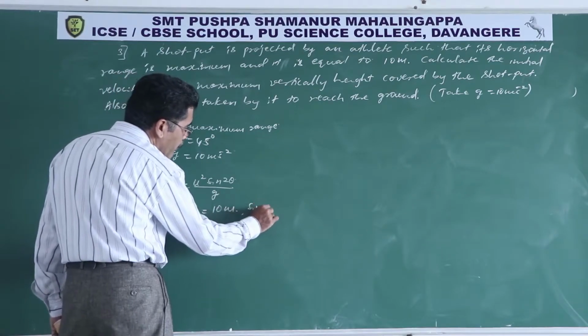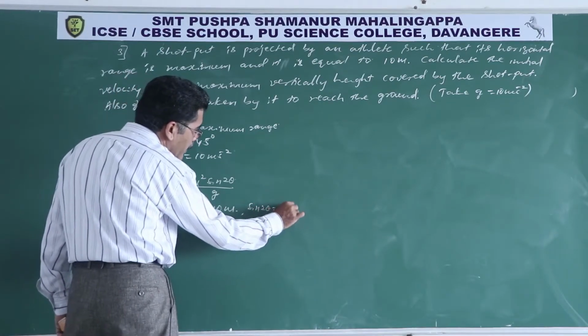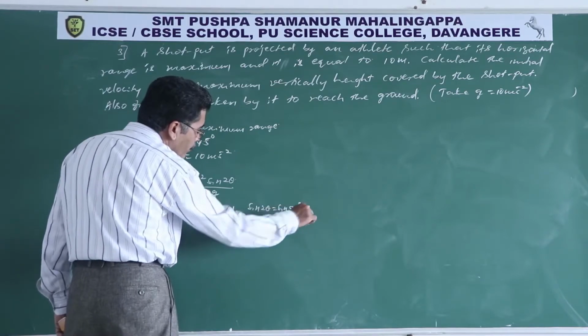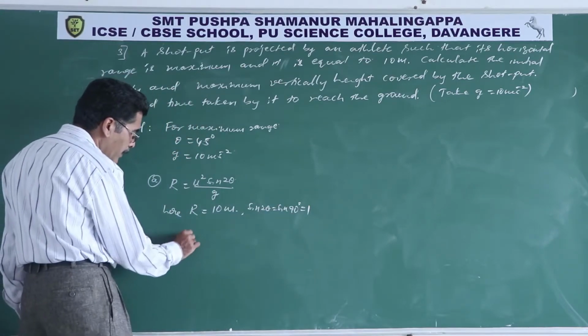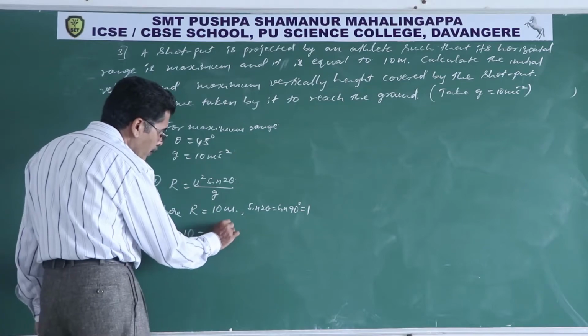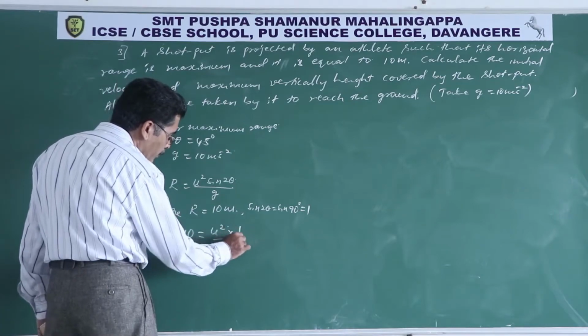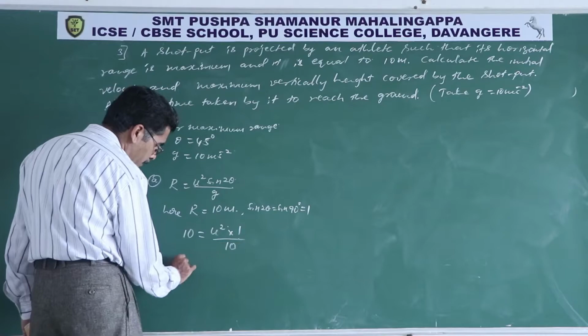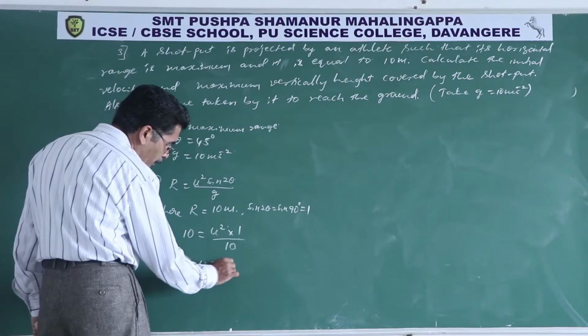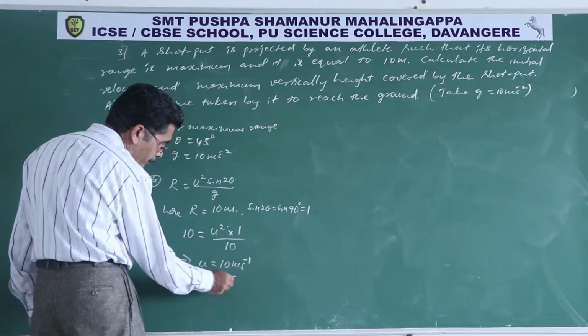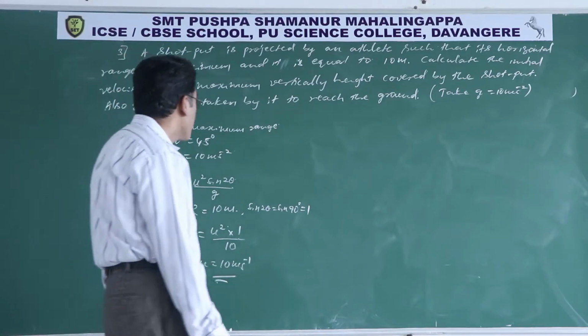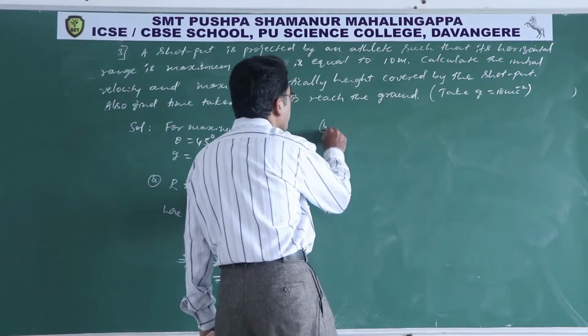Sine 2 theta equals sine 90, which is equal to 1. Therefore 10 is equal to u square into 1 divided by 10. This implies u is equal to 10 meter per second. U is known.